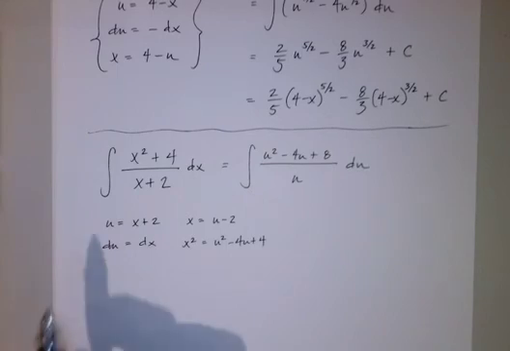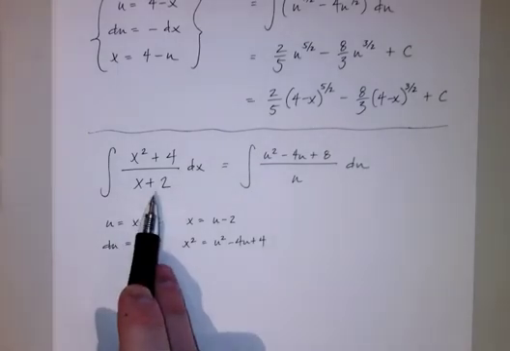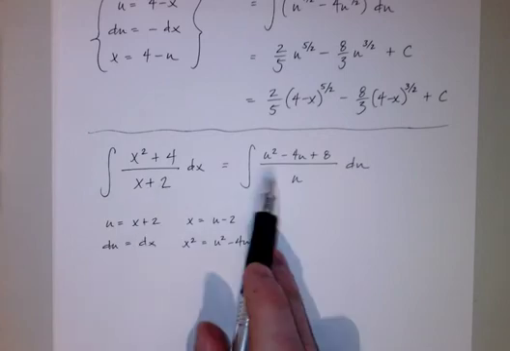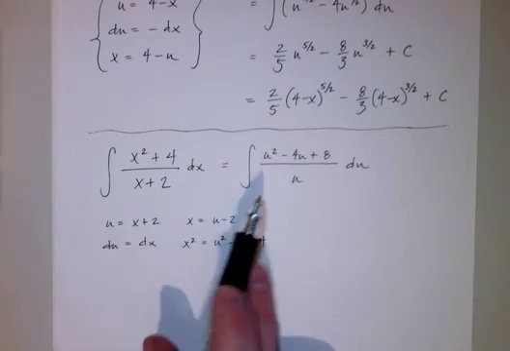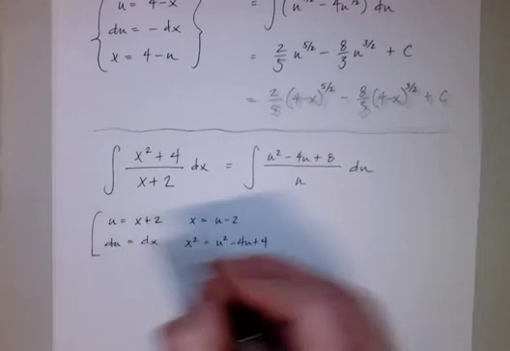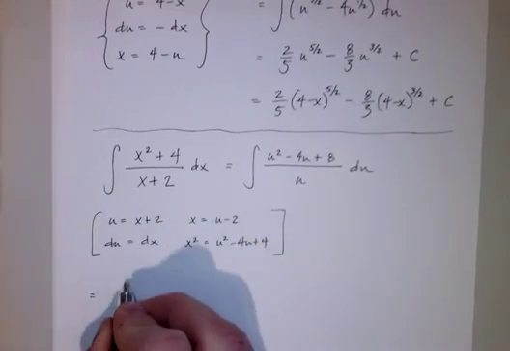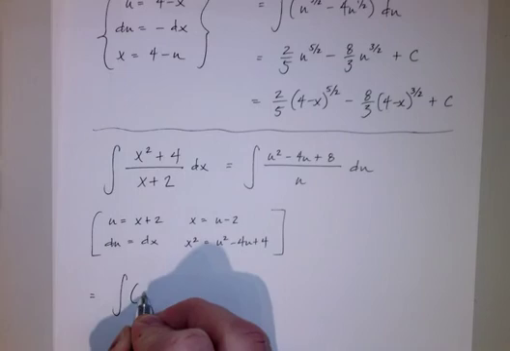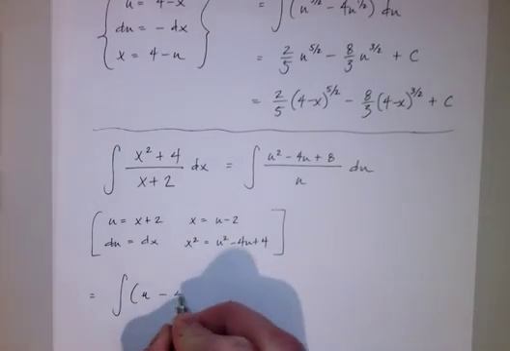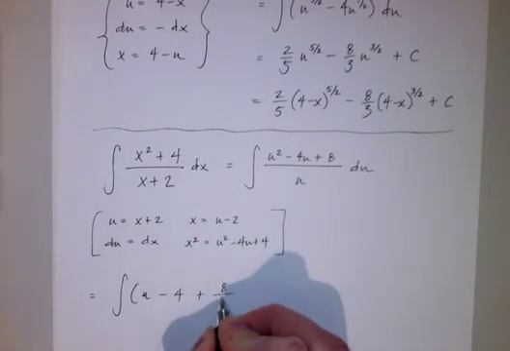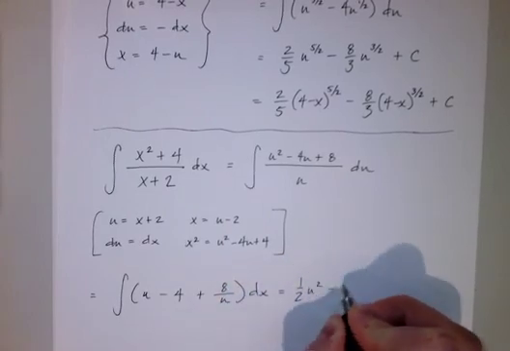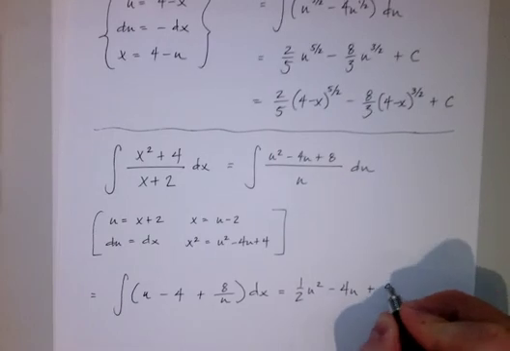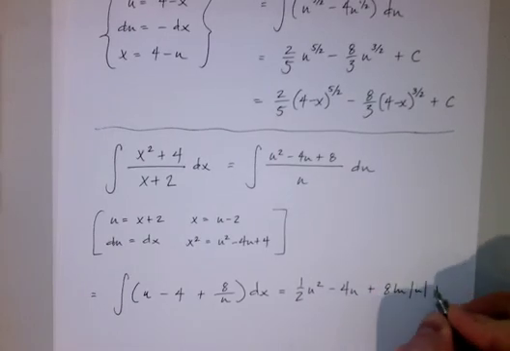It actually made me able to split it apart by turning a denominator that was not a monomial into a denominator that is a monomial. And now I can basically take that and make that u minus 4 plus 8 over u du. So that's 1/2 u squared minus 4u plus 8 natural log absolute value of u plus c.